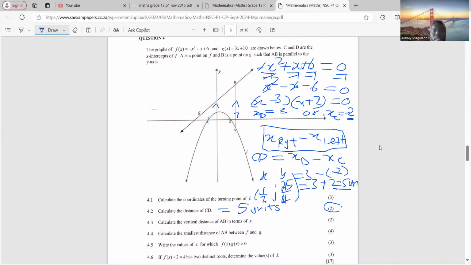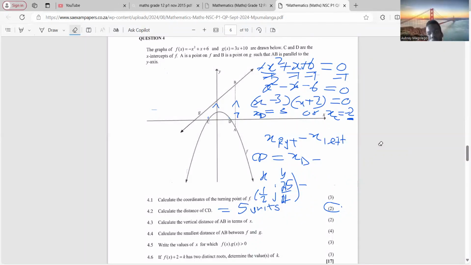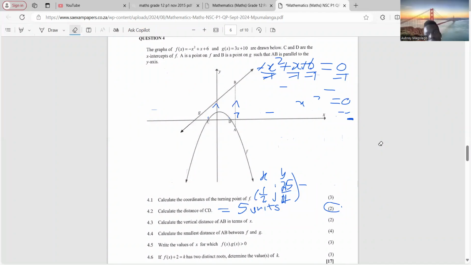Therefore, I'm going to wrap up in order for us to move on. I can wrap this in a simpler way.